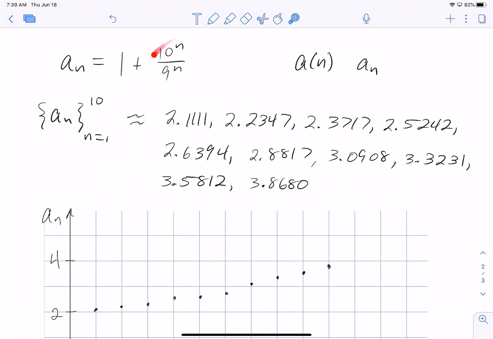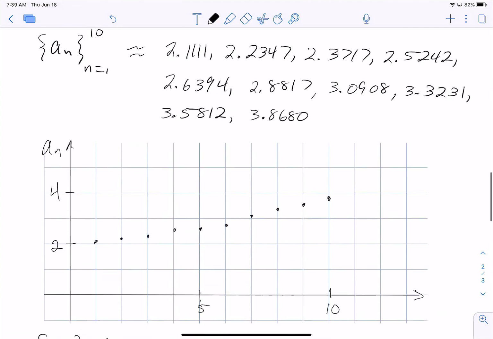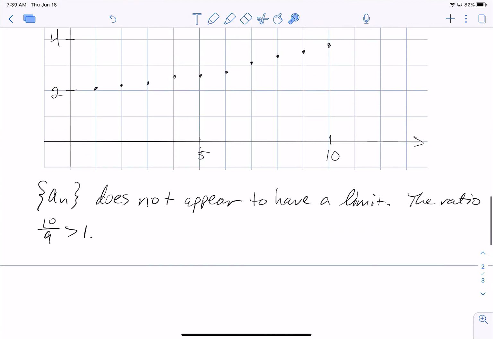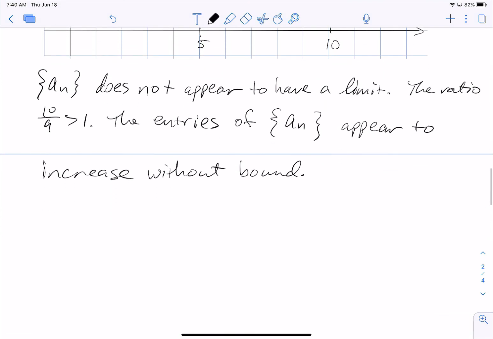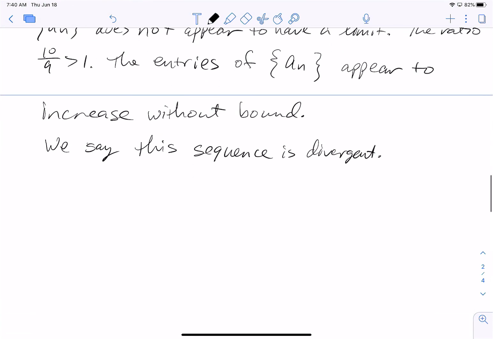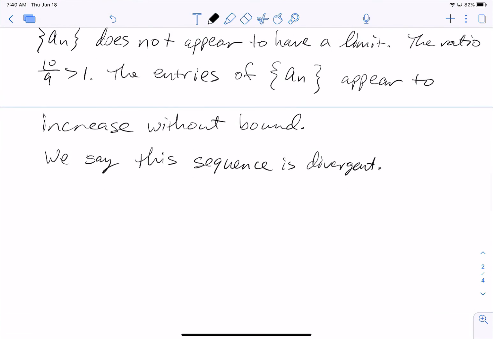The 10 over 9 is greater than 1. And based on the graph, we would say that the entries appear to increase without bound. We say that this sequence is divergent. The alternative is that a sequence would be convergent, right? So our choices are convergent or divergent, and this one is divergent.